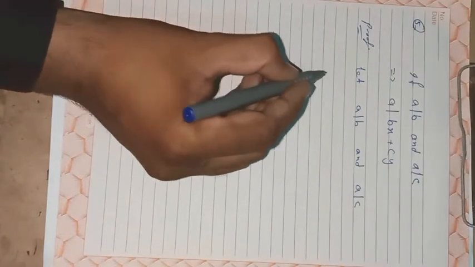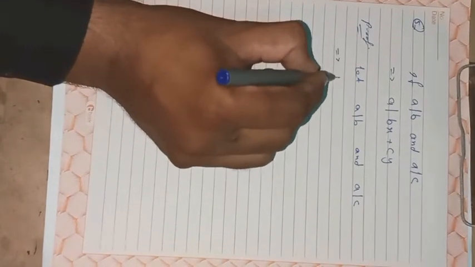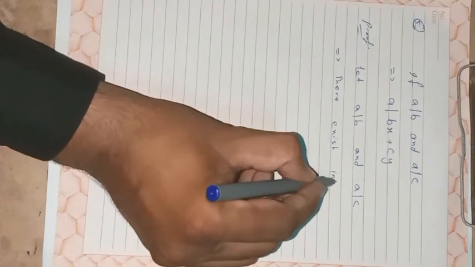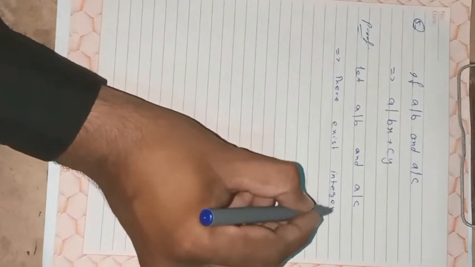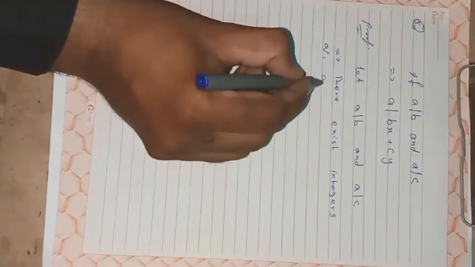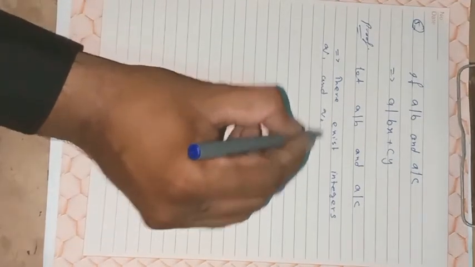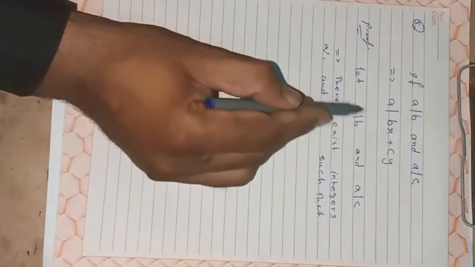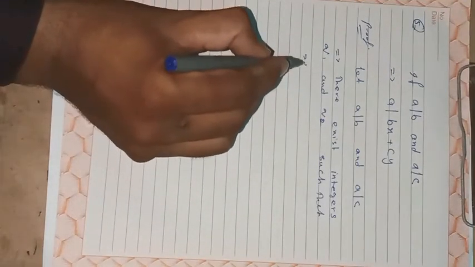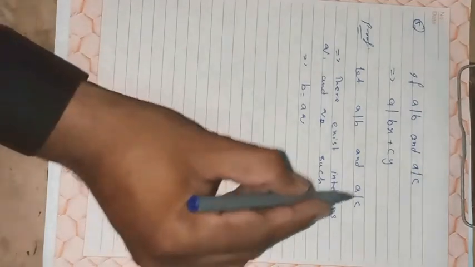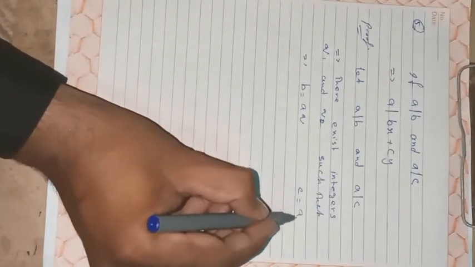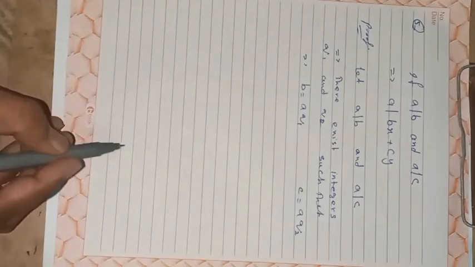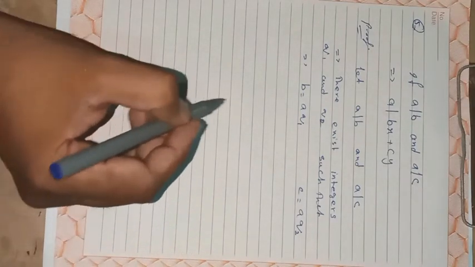Then, by definition of divisibility, this implies that there exist integers q1 and q2 such that from the first division, a divides b implies b is equal to aq1, and a divides c implies c is equal to aq2. The quotients may be different.